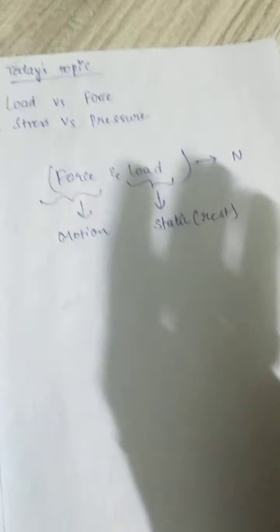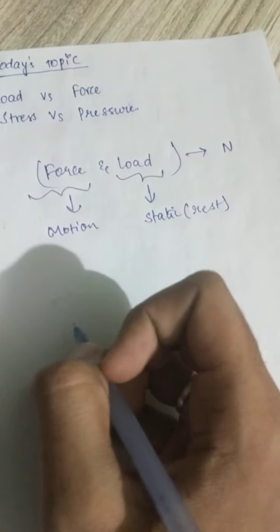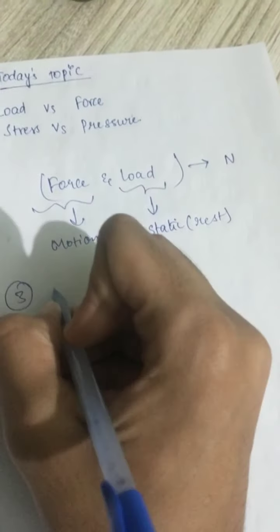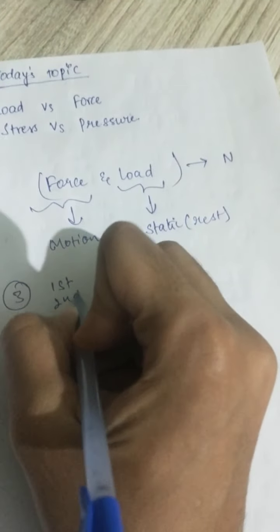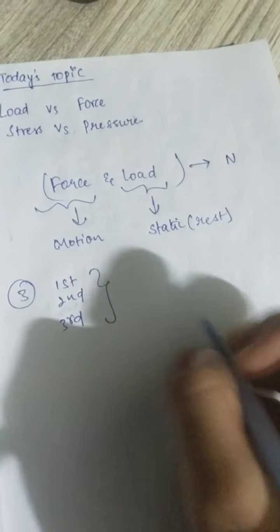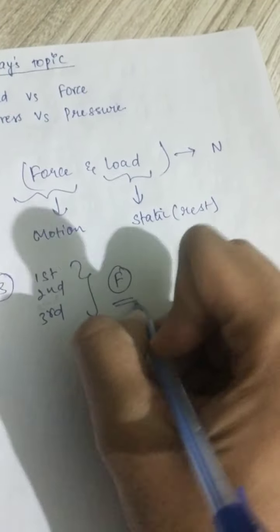This is just the outline, but I will explain exactly what happens clearly. If you see Newton's laws, there are three: first law, second law, and third law. In all of these three laws, we are talking only about the force.